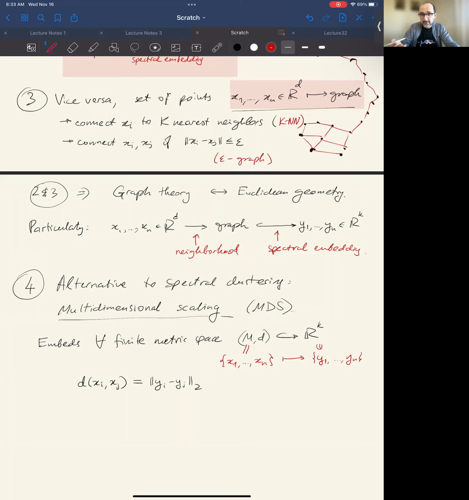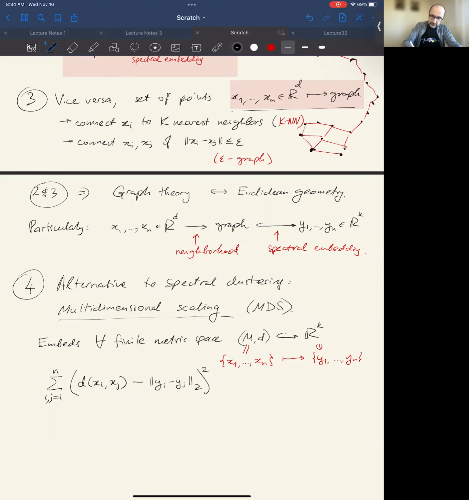Now, this is not always possible because metric spaces may not be Euclidean. So what we do is we just penalize the difference. I just subtract that. That's my error. Square it, and sum over all pairs. This is a penalty. I would like this penalty to be as small as possible, ideally 0.